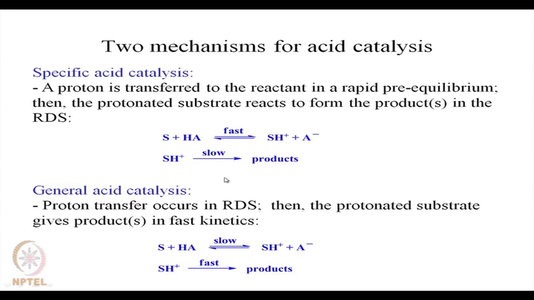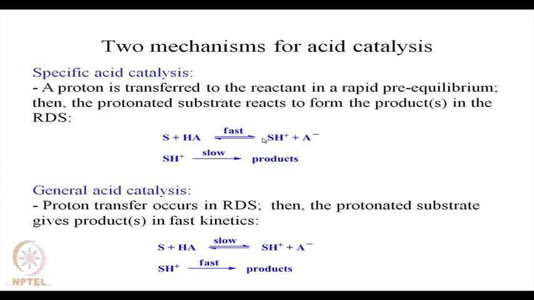For general acid catalysis, the reverse is the situation: the proton transfer occurs in the rate determining step. So the equilibration step is the slow step, and once SH+ is formed, it gives rise to products very fast.